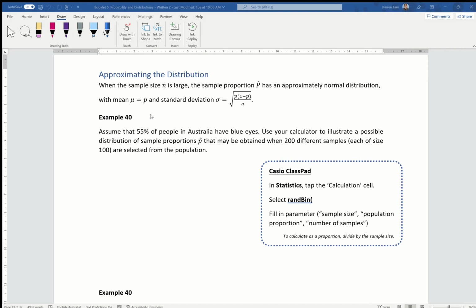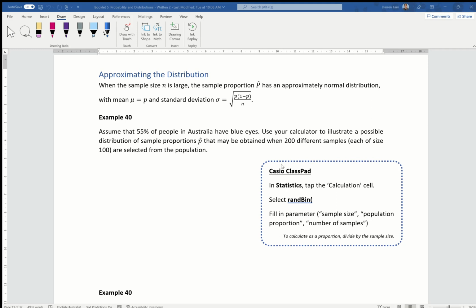Okay. I'm going to put in the data that we need. In this case, we're going to put in a rand bin. That's this one here. Make sure you click it so that it actually goes in. The parameters, as you can see on the right, are the sample size, population proportion, and number of samples. The sample size is going to be 100, because that's how many people are in each sample.